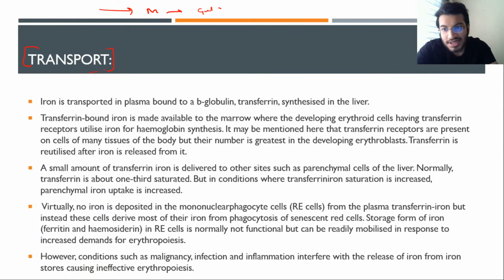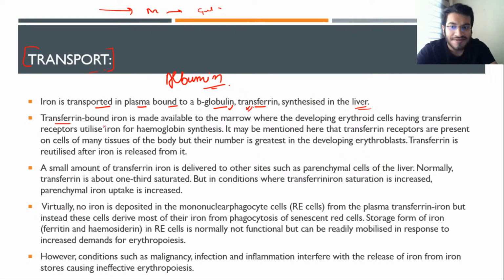So transport. Iron is transported in the plasma bound to a beta globulin, transferrin, synthesized in the liver. So it's same as albumin. A plasma protein like albumin is formed like a beta globulin, and transferrin is synthesized in the liver.